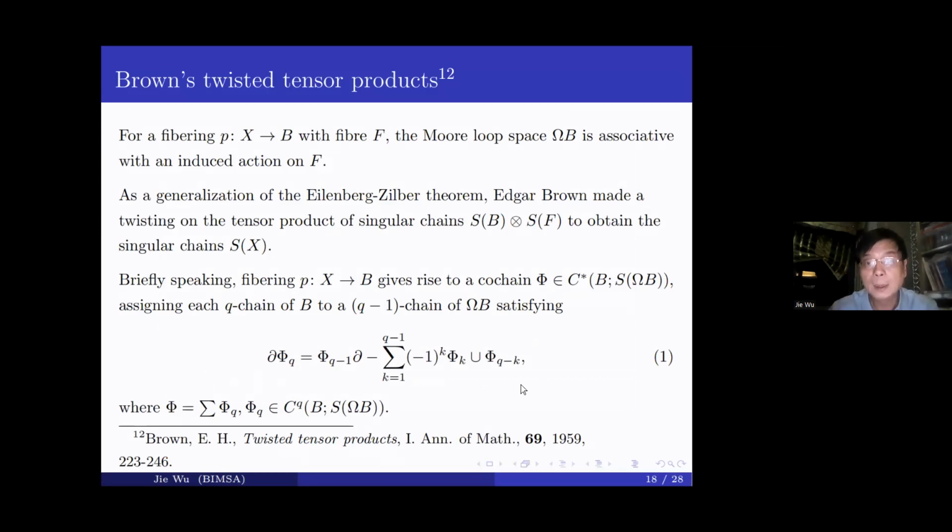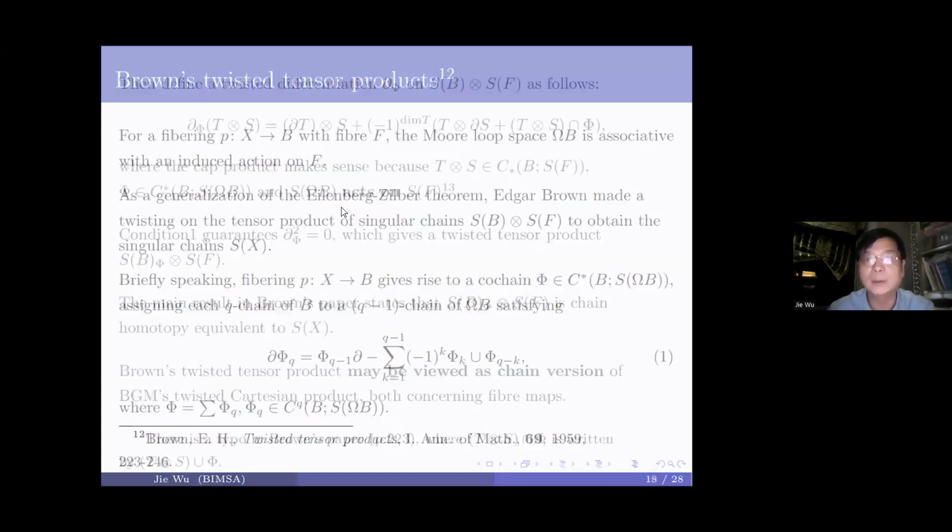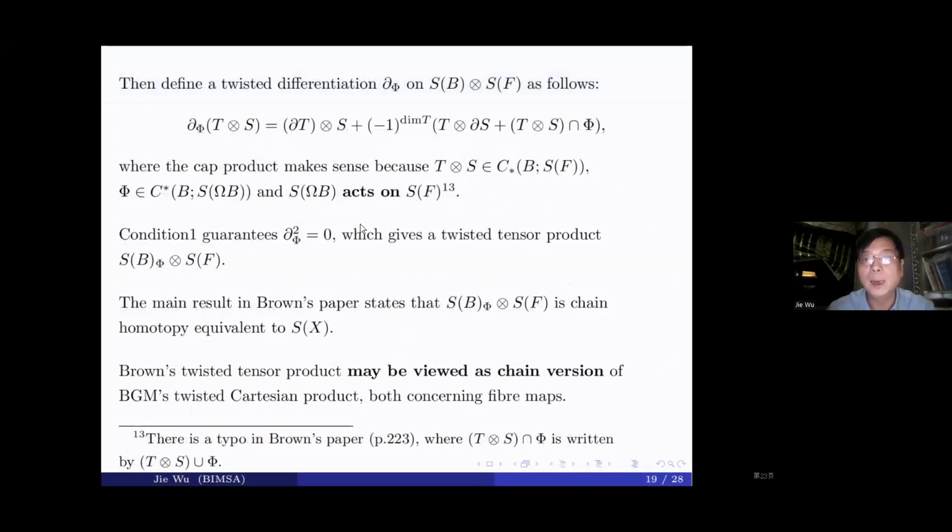And here's a bit of information. Given a fibration, you can think about a fiber bundle, and you will create some cochain, but the cochain has a coefficient that is not simple, it's actually complicated. You have the cochain with coefficients in the chains on the loop space, so it's a big one. Using this information, you can define a twisted tensor product of chains.